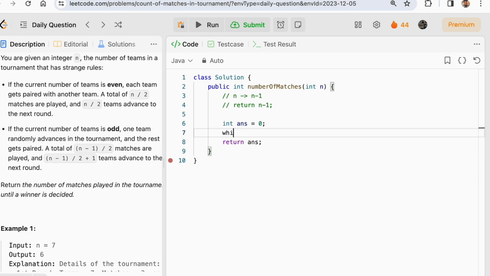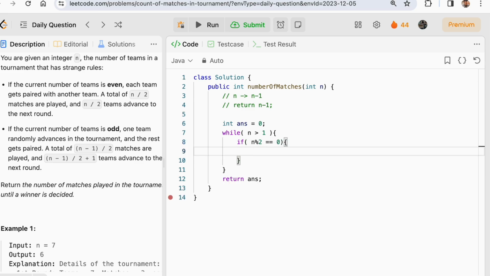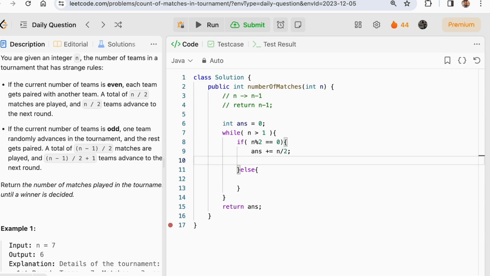Now, while n is greater than 1, because if n is equal to 1, we won't play any match. That is our winner. If n modulo 2 is equal to 0, it means it is even. If it is even, then answer plus equals n by 2. There are going to be n by 2 matches, and n by 2 teams will move to the further step.